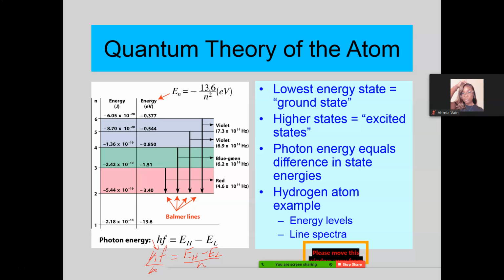Negate it, okay, and then press equal. Okay, and oh my word, look at that frequency. Okay, and this will be in per seconds. So let's go back and see if we're anywhere close. It's an incredibly large number. 6.15 is what I got. Let me see if that's what they got in the book.